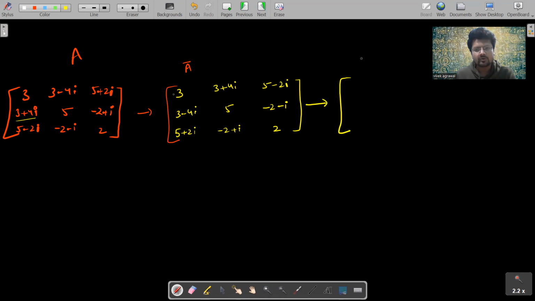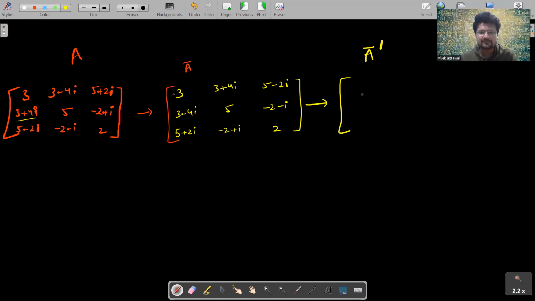Okay. So now after getting A bar, you have to find the dash of it. Dash means transpose of it. So what will be the transpose of it? 3, 3 plus 4 iota, 5 minus 2 iota, 3 minus 4 iota, 5, minus 2 minus iota. This will be 5 plus 2 iota. This is minus 2 plus iota, and this is 2.